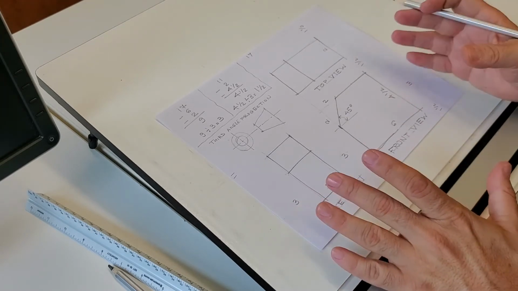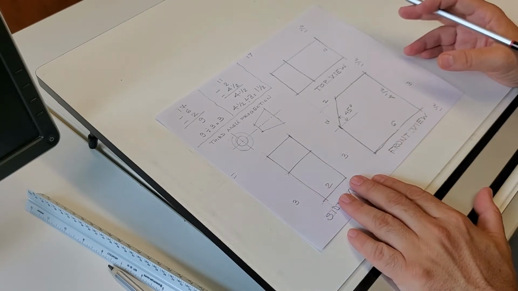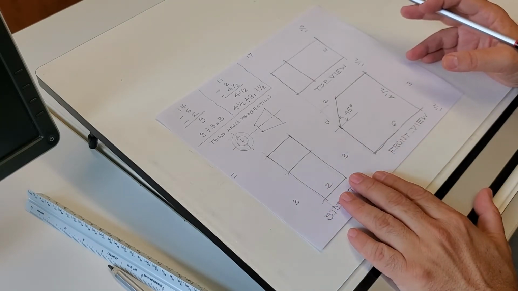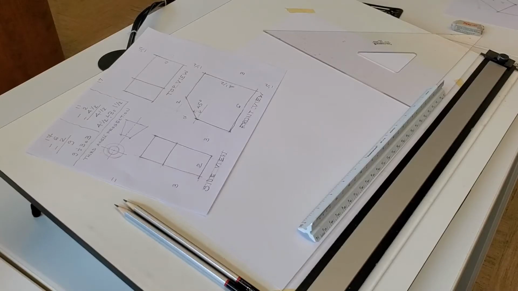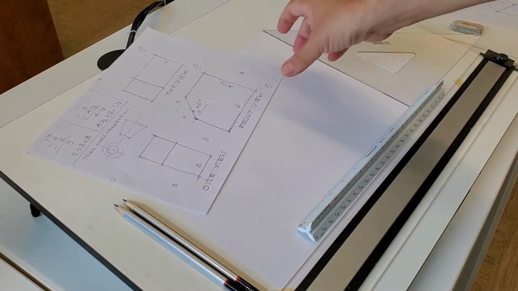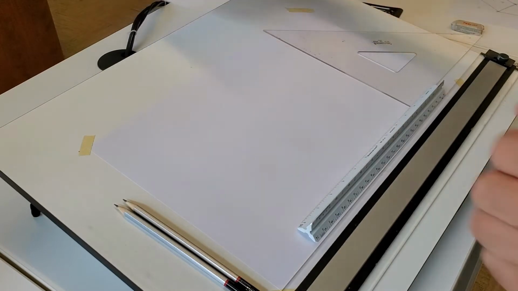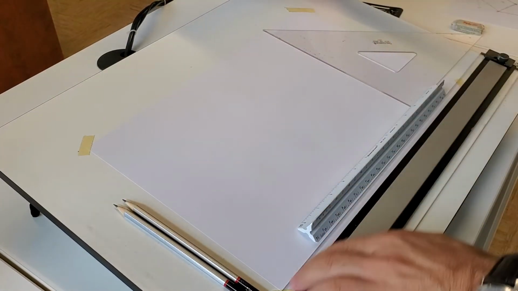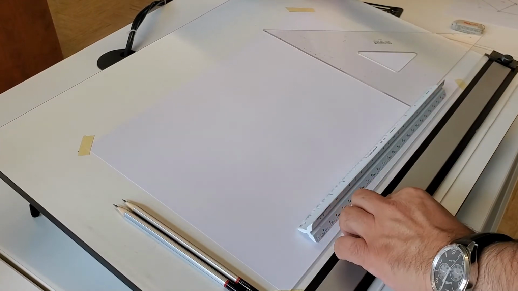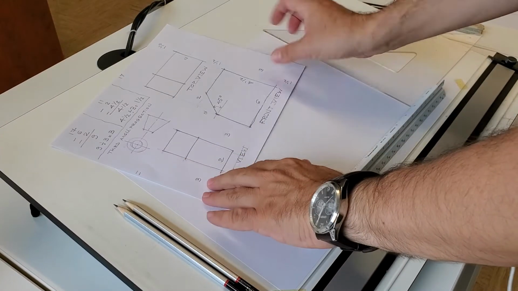Now let's go and draw this on 11 by 17 paper using drafting instruments. So here we can see already that I have fixed the paper, 11 by 17, to the drafting table using masking tapes. Here is my sketch.